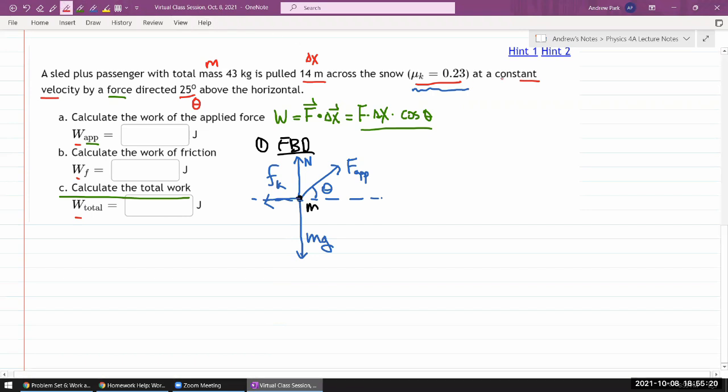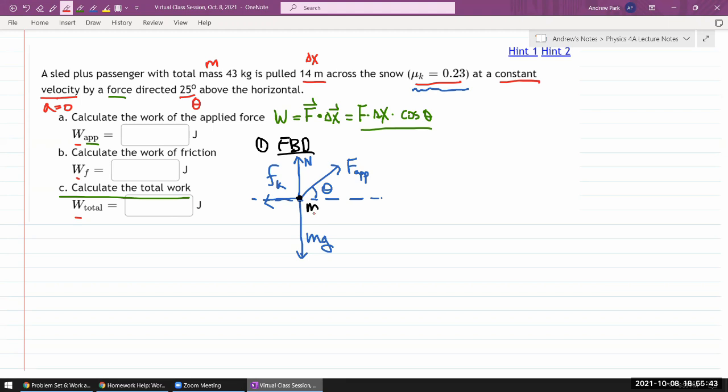And they say constant velocity. So that's a way of telling me that acceleration is zero. All right. With all the forces I've drawn, I'm pretty sure I can make the acceleration zero. So I think I'm good. I accounted for all the forces from things touching the sled, and that should be complete.